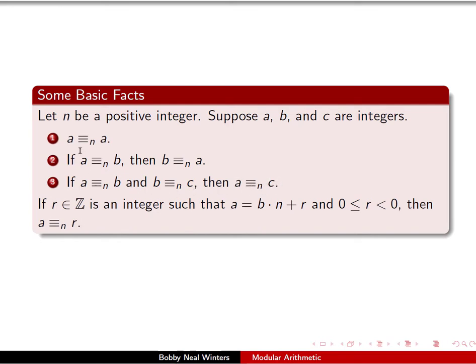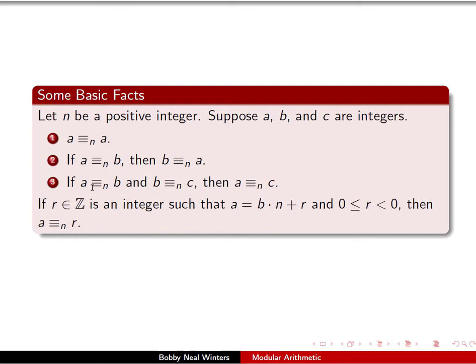So they're reflexive. Okay, that's what part one is called: equivalence mod n is reflexive. Part 2 is called equivalence mod n is symmetric. And part 3 is equivalence mod n is transitive.